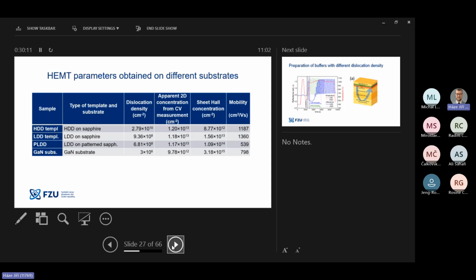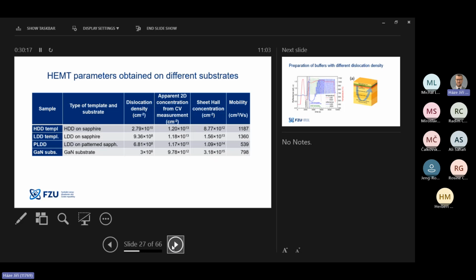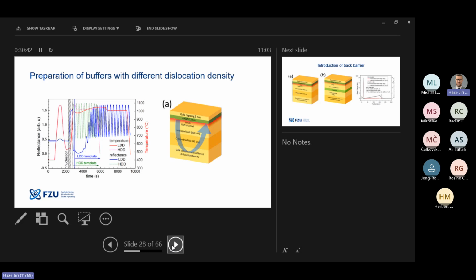On these templates, we then grow structures and see what will happen. We have from 10 to the 6th, 10 to the 6th on GaN substrate, over 10 to the 8th, 10 to the 9th, towards 10 to the 10th if we grow a high dislocation density on sapphire. What happened?